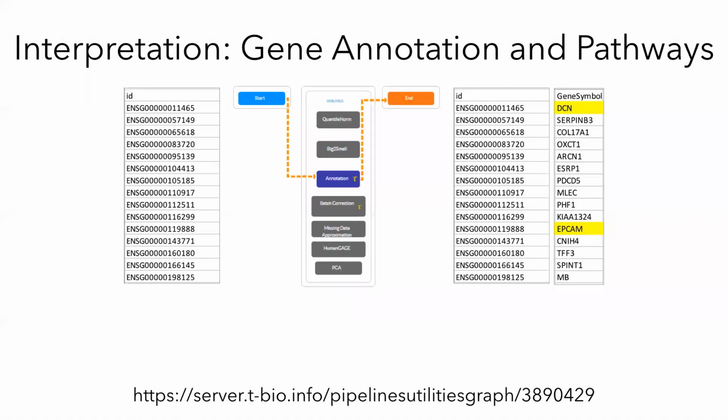We talked about gene annotation and pathways. And so here's I guess an example that we used here using the annotation pathway. And in order to do this, we found different information, and this included decorin.